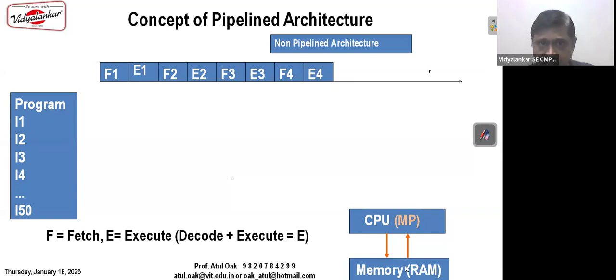So your processor has to wait till your instruction comes. Then you can decode and you can execute. So the resource utilization, timing utilization of your microprocessor is not good, because processor has to wait. If I get instruction, then only I will be able to decode and execute.